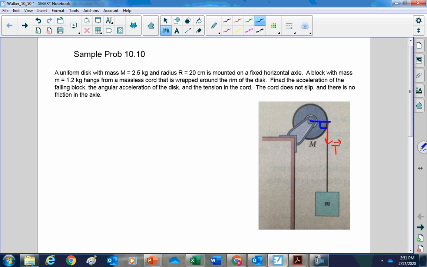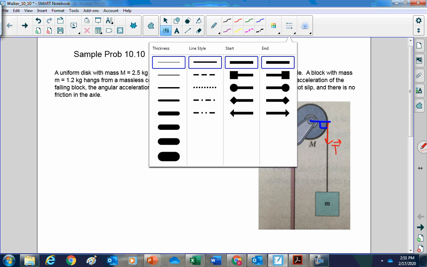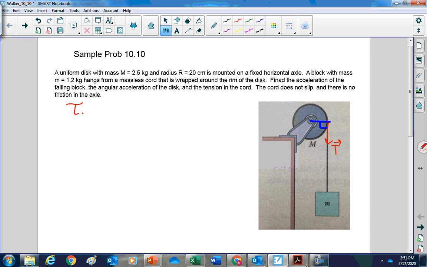So let's start with the version of Newton's second law for rotating objects. That would be that the net torque will cause rotation alpha, so it's alpha times rotational inertia equals net torque.